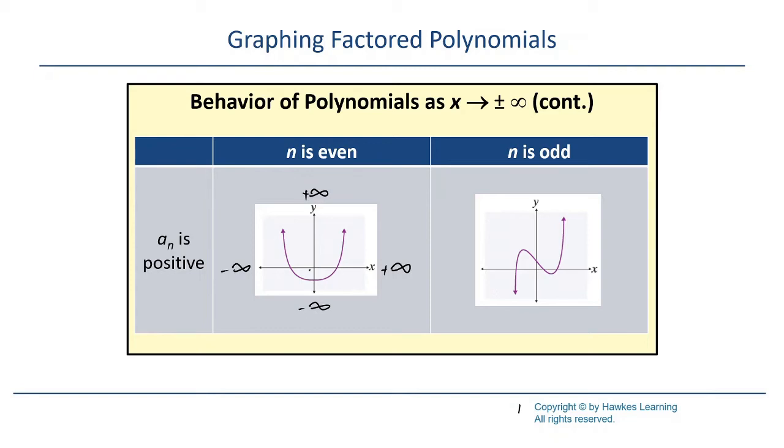So notice this one, it rises to the right and rises to the left, versus the odd one where it falls to the left and it rises to the right.